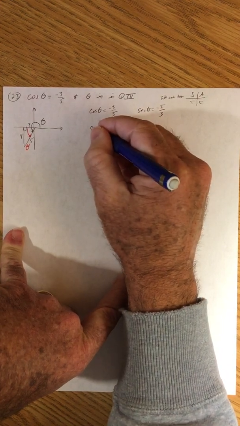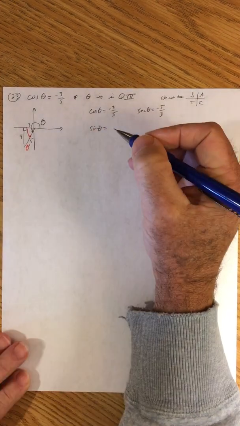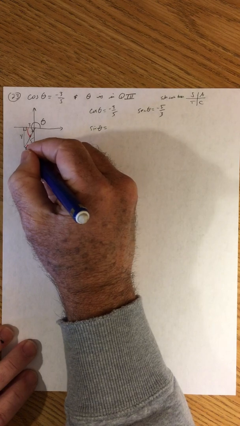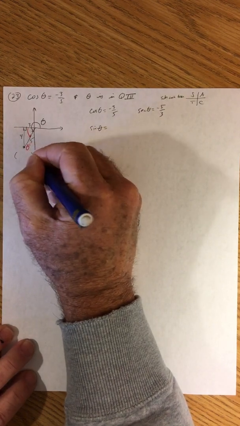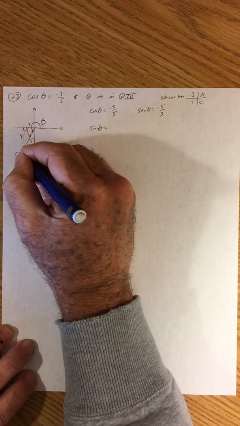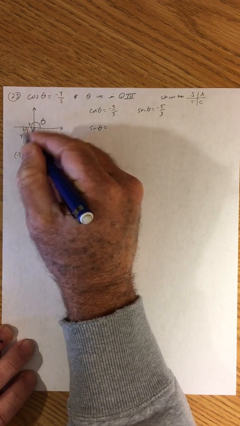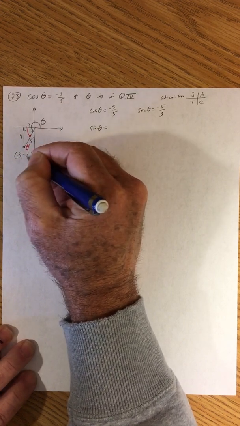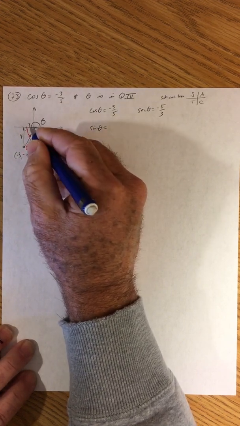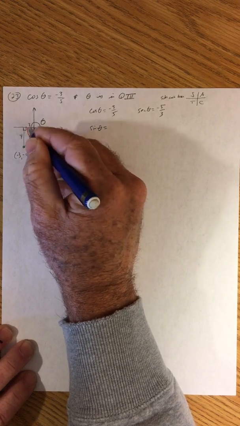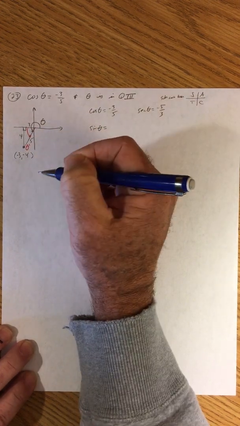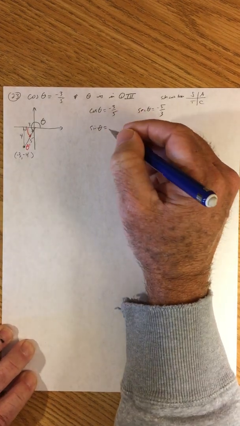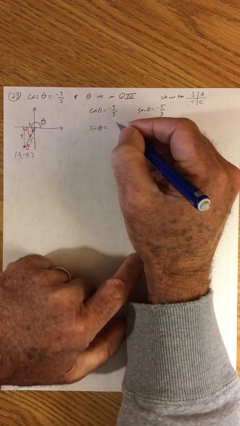All right, sine of theta. At this point, I should put this point here. That's a 3, that's a 4. Those are negative values. The point here has negative coordinates in both because it's quadrant 3. These are triangle sides, listed as positive values, but they're negative because they're part of a coordinate in the third quadrant.